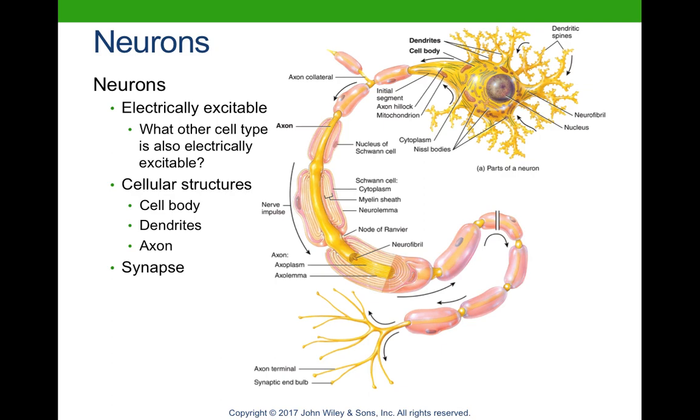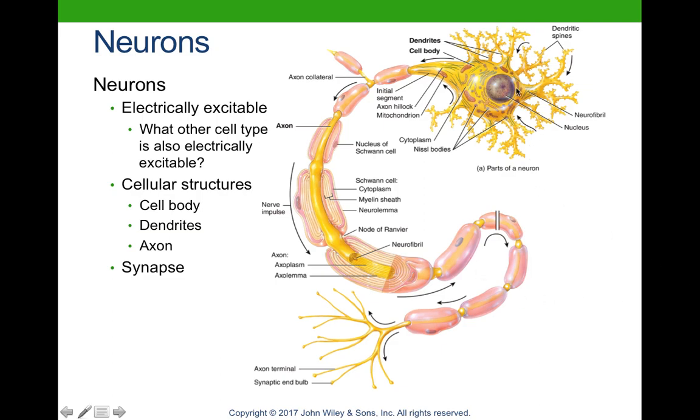What are the parts of our neurons and how do they function? Neurons have the property of electrical excitability similar to muscle cells. Most neurons, or nerve cells, have a cell body or soma, many dendrites, and usually a single axon.